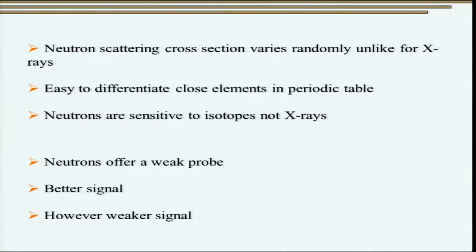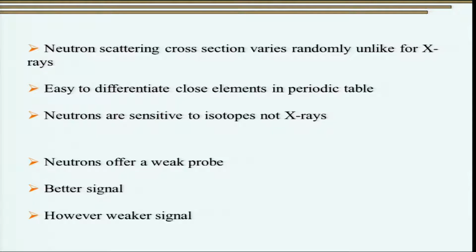We know that neutron scattering cross section varies randomly, like we had seen in those curves, that it is not dependent on Z. Now, this ensures that we can easily differentiate close elements in the periodic table. At the same time, we also have the ability to differentiate between isotopes, the different isotopes of the same element, using neutrons. X-rays have no capability to differentiate between isotopes.